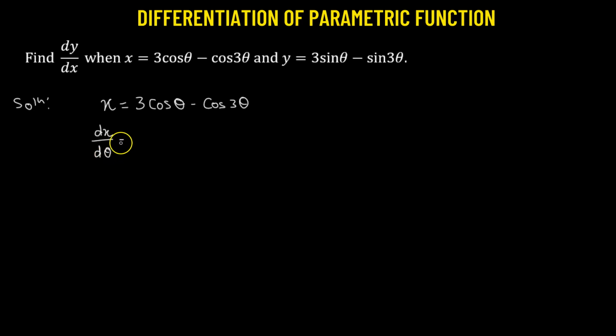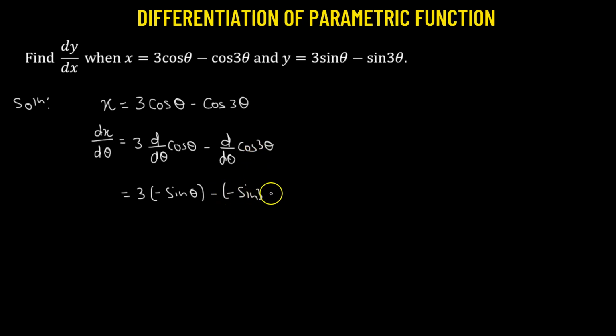So we have dx over d theta equals 3 times the derivative with respect to theta of cosine theta minus the derivative with respect to theta of cosine 3 theta. This will be equal to 3 times, the derivative of the cosine function is negative sine theta, minus the derivative of cosine 3 theta, which will be negative sine 3 theta.